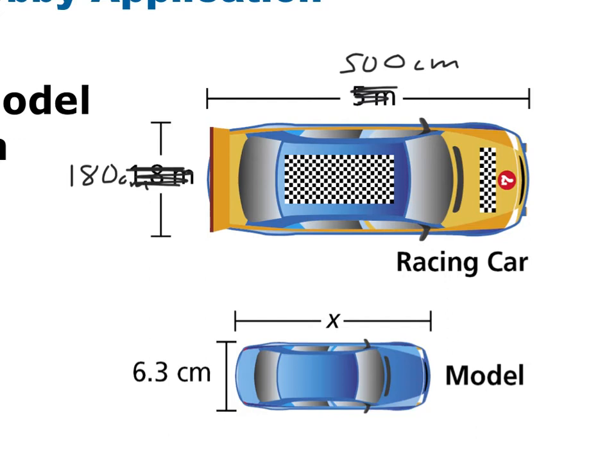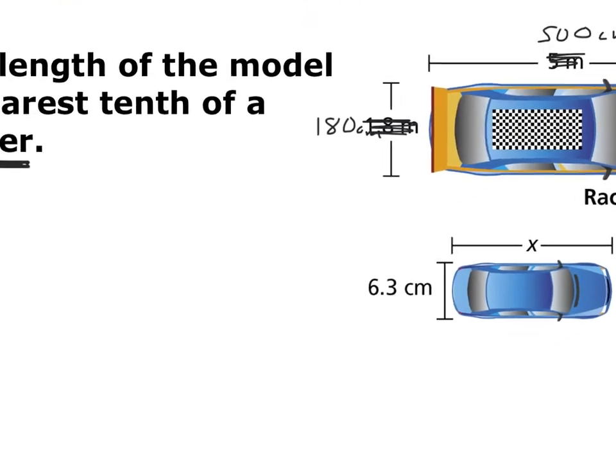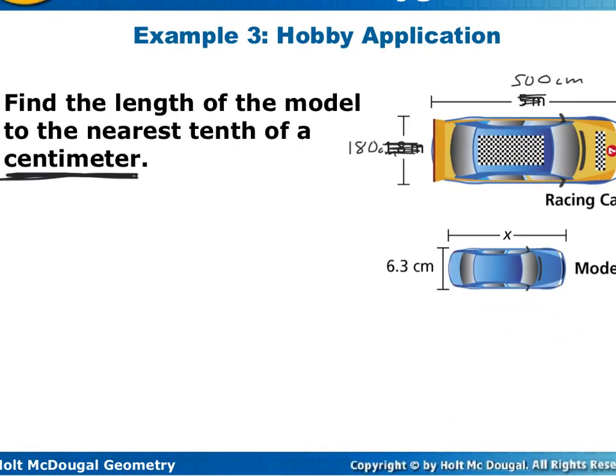So we know that these two cars are similar, so they're going to have the same ratio. So we can set our ratio up as 180 over 6.3. So we have the width of the racing car and the width of the model car.